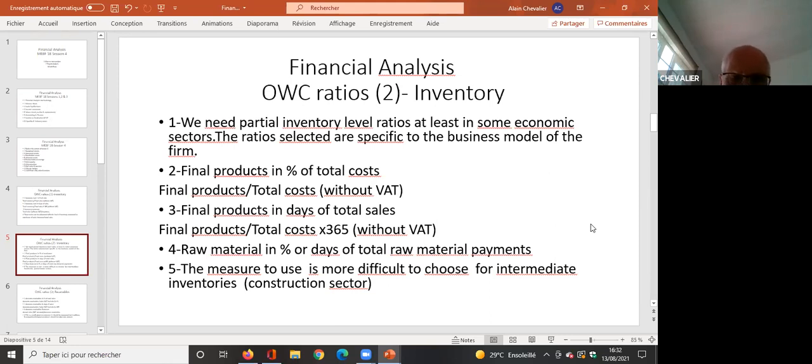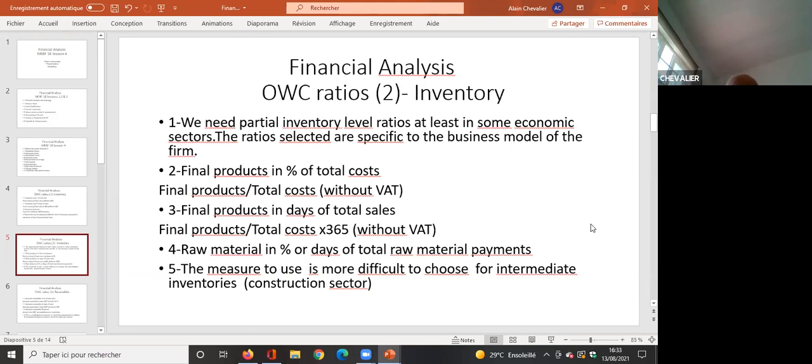After that, you have a question of raw material in percentage or days of total raw material payments. The only possibility which is of interest is to compare the level of raw material inventory to the total of raw material payments on an average year, in order to understand what the turnover is.